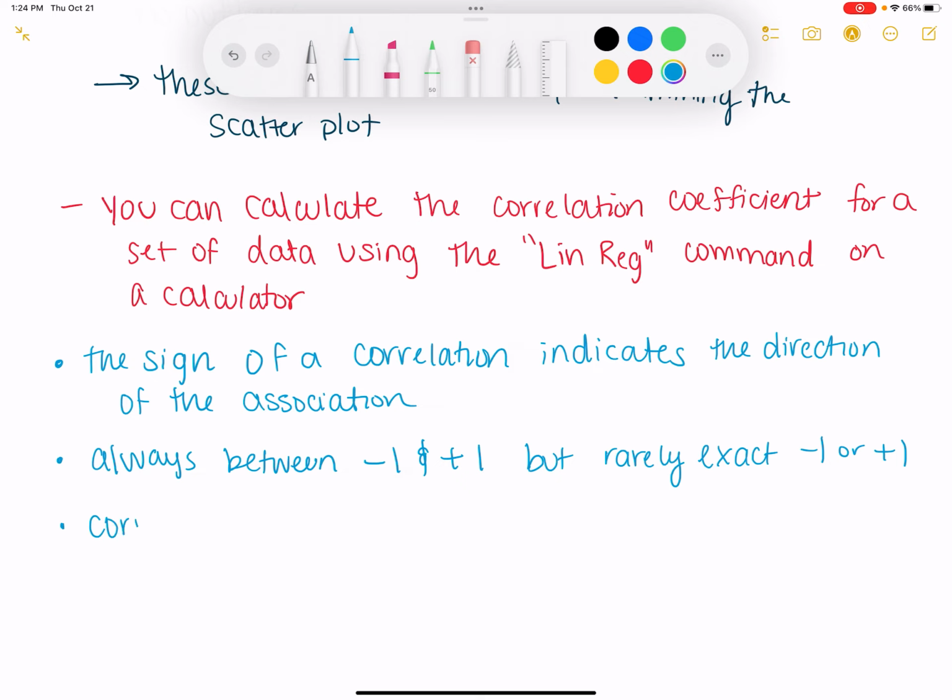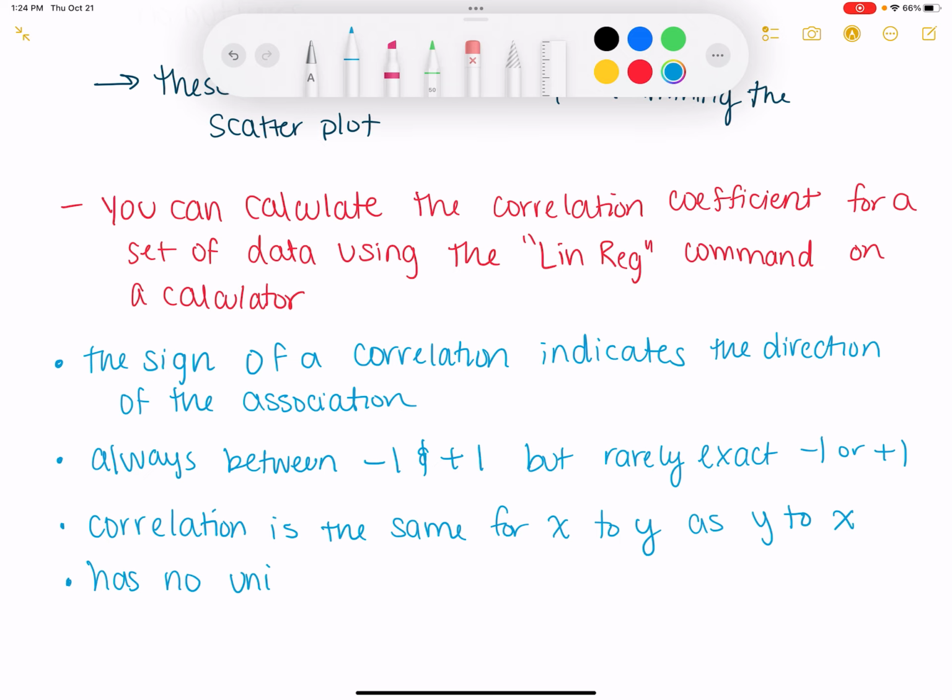The correlation is the same for x to y as y to x. Correlation has no units. Okay, it is just a number.